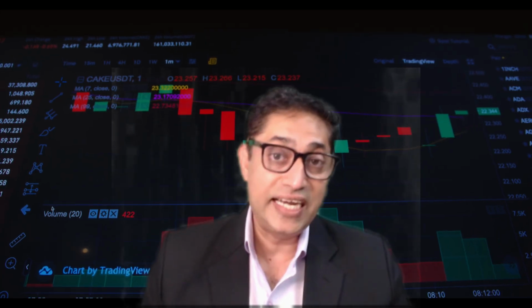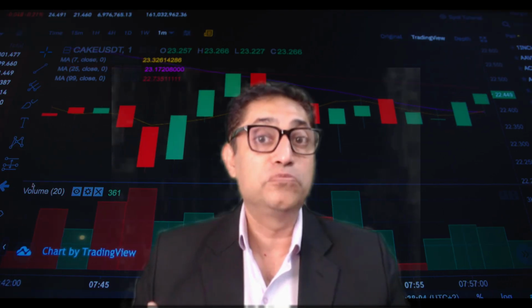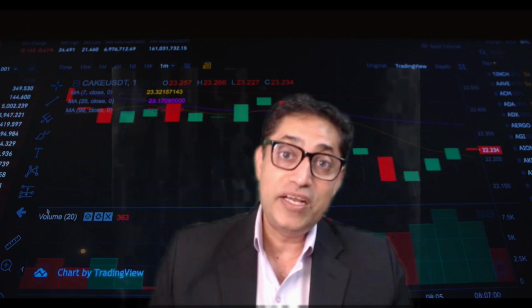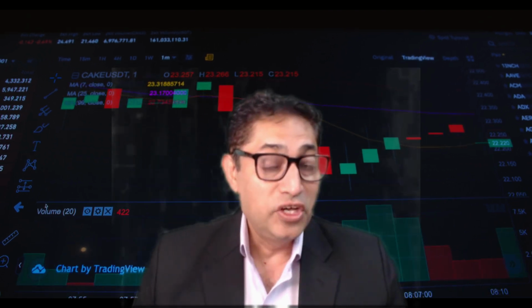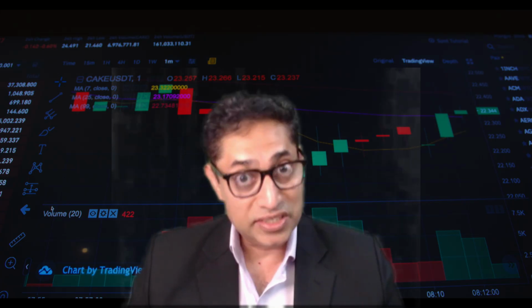These are bearish candlestick patterns, which tell you that the market psychology is bearish and the chances of the price going down are very, very high. At the same time, when you are looking at a double bottom, you are looking at a bullish engulfing candlestick pattern or a hammer candlestick pattern, because this tells that the traders' psychology is that the price is going to go higher from here.